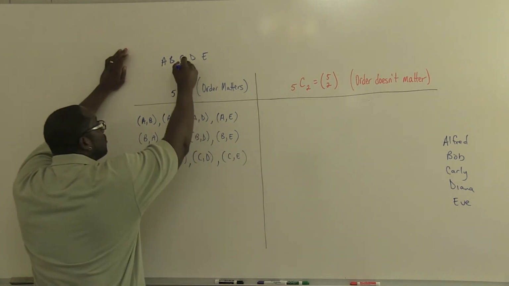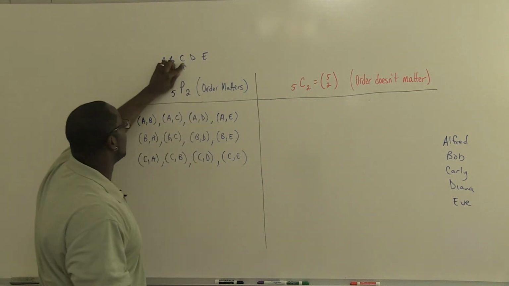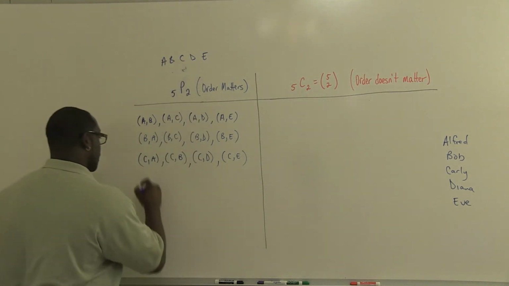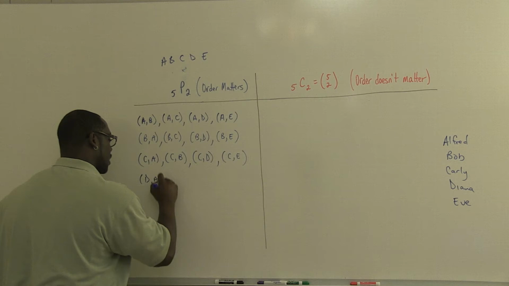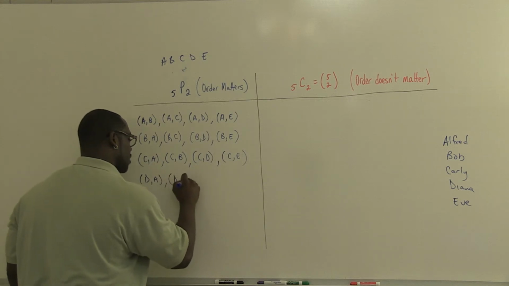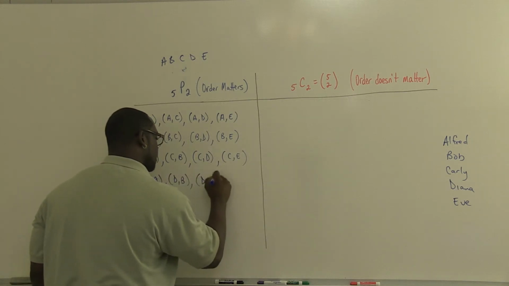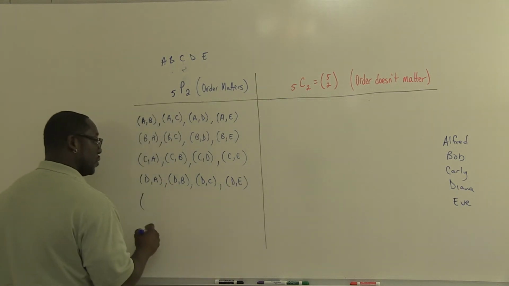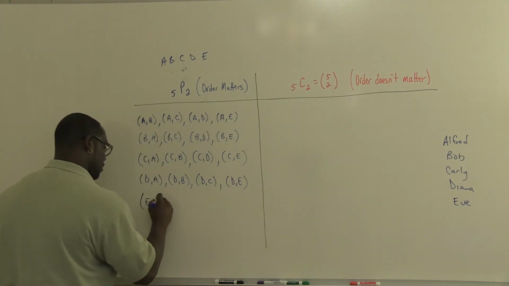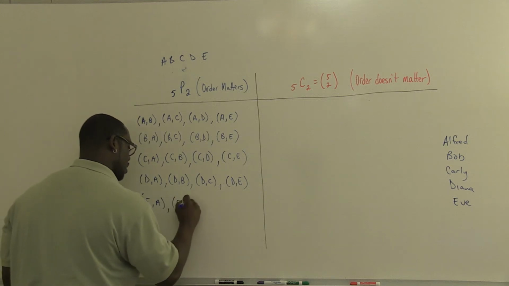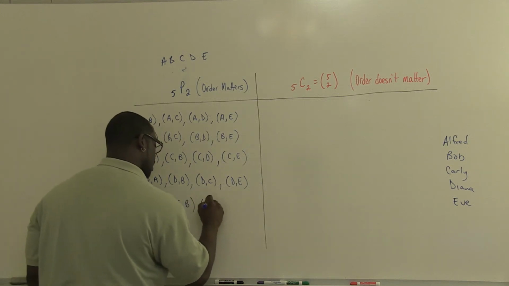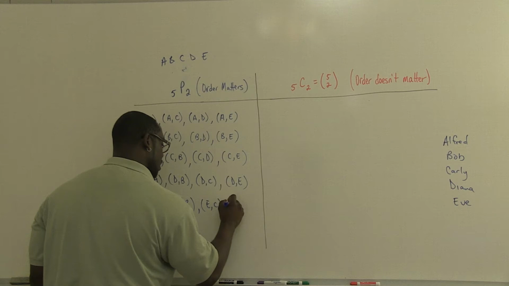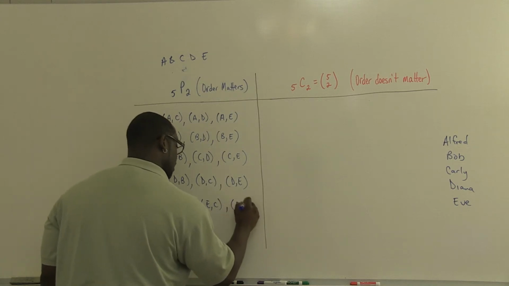So that's what happens when we move here. Now we'll go ahead and finish this out. So D will go with A, D with B, D with C, and D with E. And then we will do E with A, E with B, E with C, and E with D.